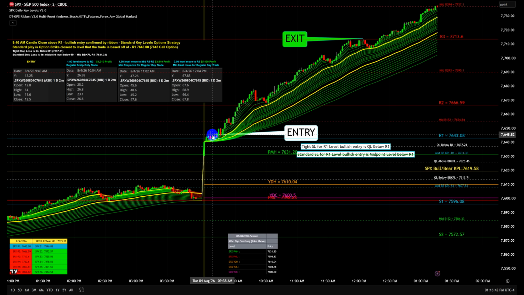So that percentage is just going to be different depending on how many contracts you're trading. If you're trading 10 contracts, then you could exit 6, 7, 8, or 9 of them. If you're trading 5, you could exit 3 of them. That would be 60%, or 4 of them would be 80%. If you're trading 4, exiting 3 of them would be 75%. So you get the general idea.